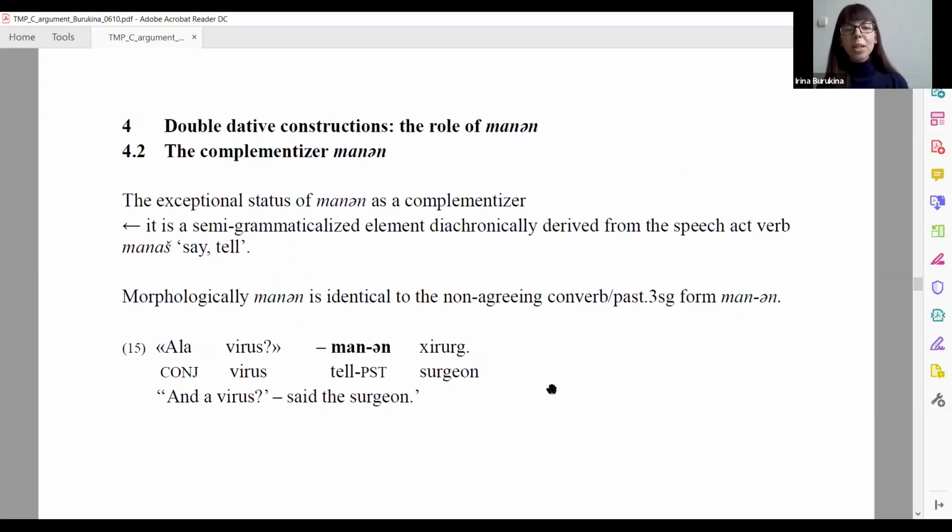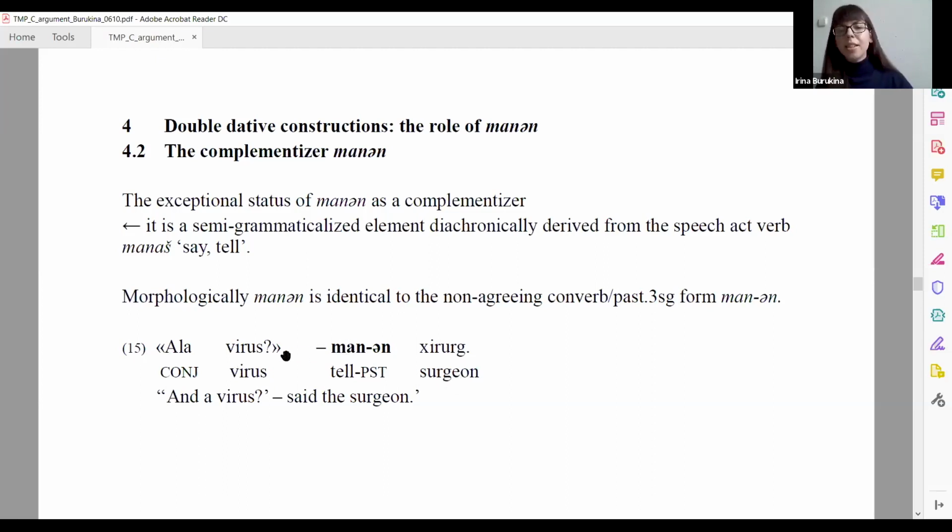And morphologically, manen is in fact identical to either a converb manen or this past third-person singular form manen. And you can see an example in 15 where we still have manen functioning as this lexical verb. So, ala virus, manen chirurg.